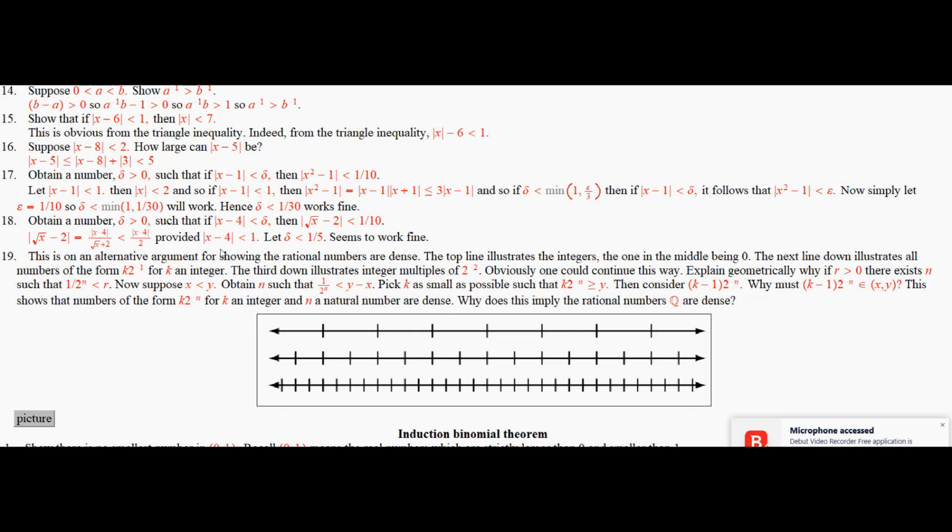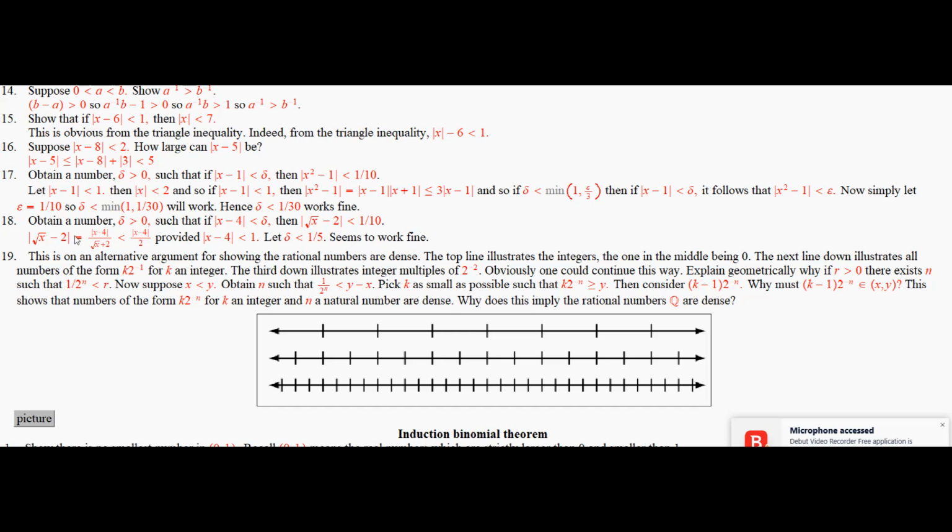Now, I can say all of this is so if I have x closer to 4 than 1, where will x be? Well, x will be positive for one thing. So if I just let delta be less than 1/5, then if the absolute value of x minus 4 is less than that delta, x will certainly be positive.